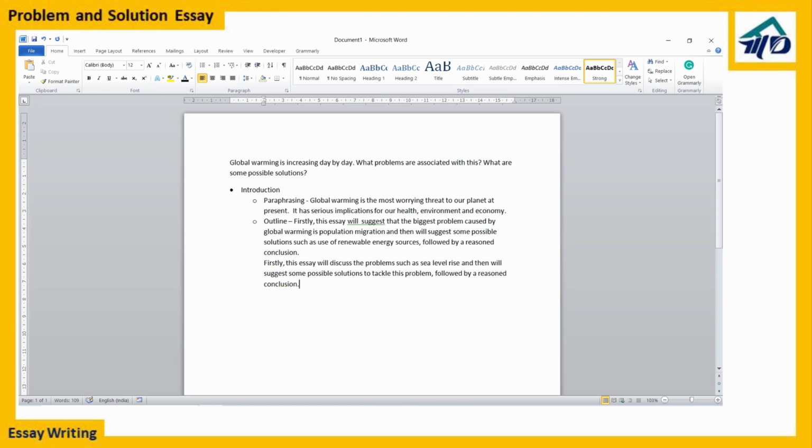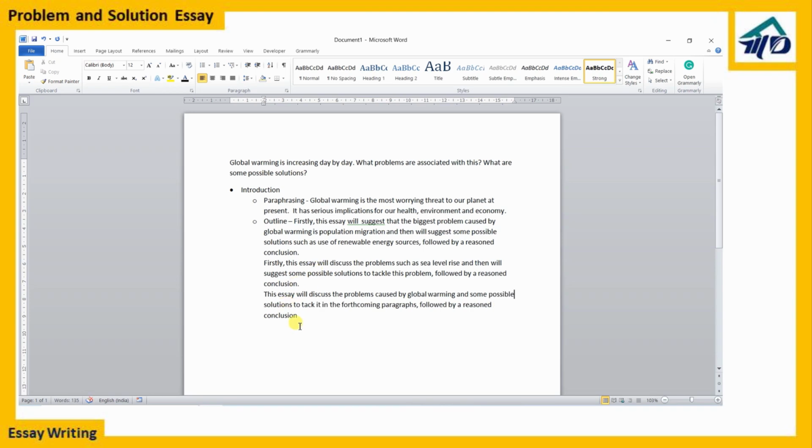Firstly, you simply say, this essay will discuss the problems caused by global warming and some possible solutions to tackle it in the forthcoming paragraphs, followed by a reasoned conclusion. That's all, guys. So I have this option also.